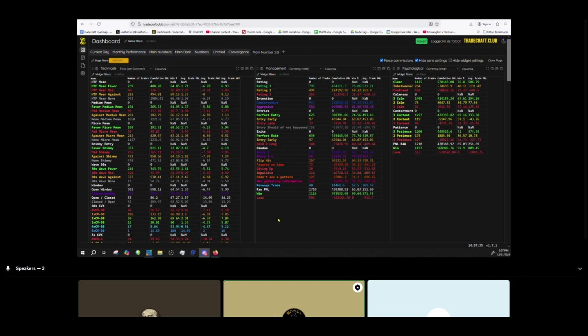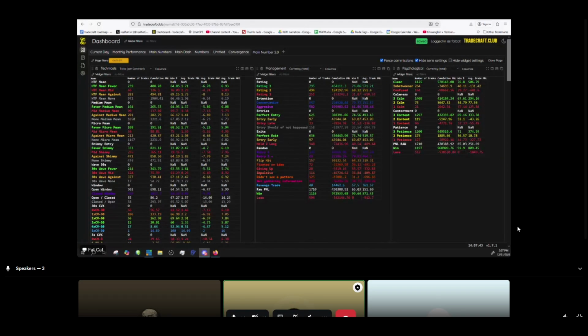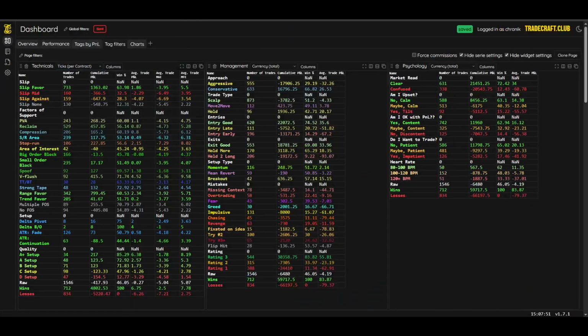Look at the RR between the two. Wait, it's here. Hold on, I want to do some math. How would we do it? I want to know the difference between the risks of the R between 4-1 and this 6-9.